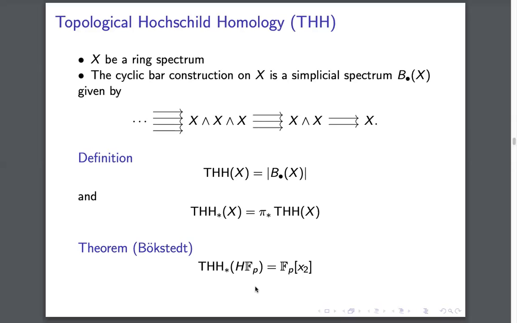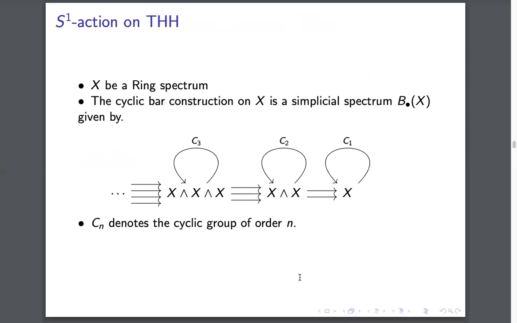Although the computations are really complicated, at the end you get this very simple result, and that's one reason why this result is important. THH is good because you start with something so complicated, and in many cases you get pretty manageable answers. That's a pretty surprising fact about topological Hochschild homology, and that's one reason why this is such an important result.